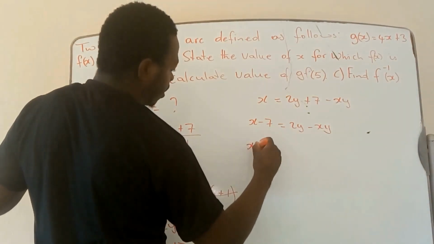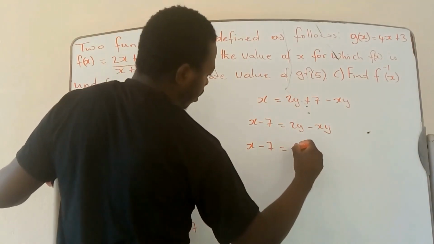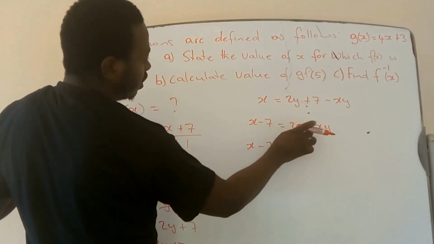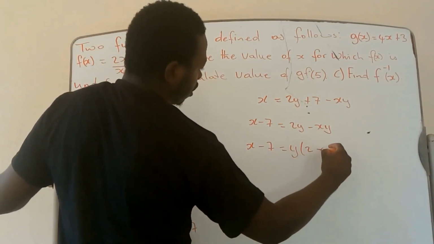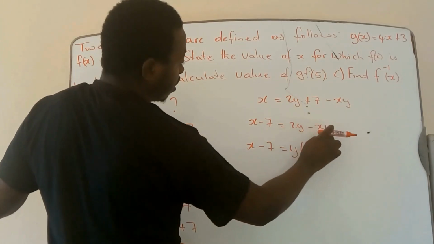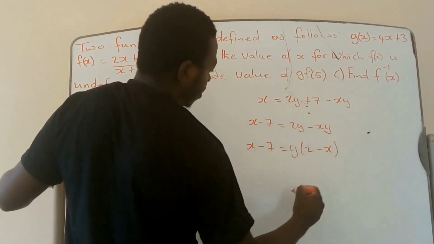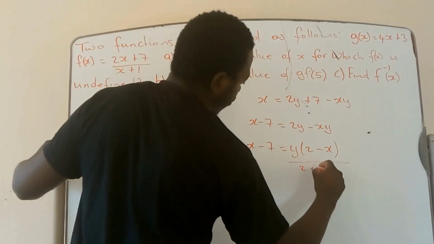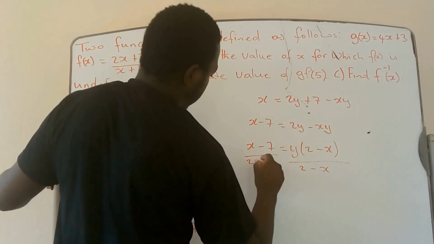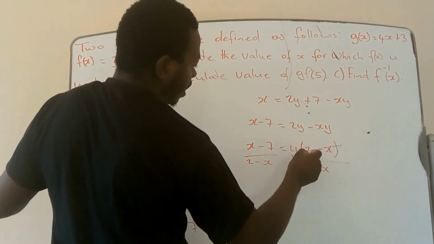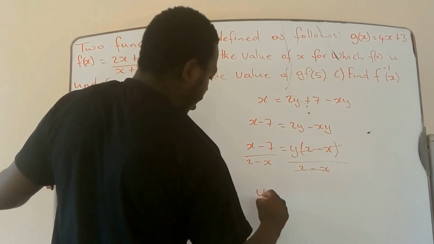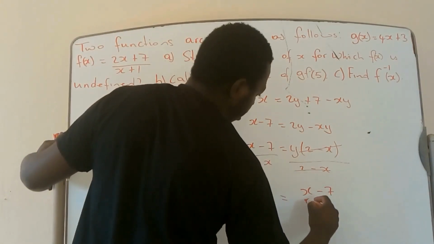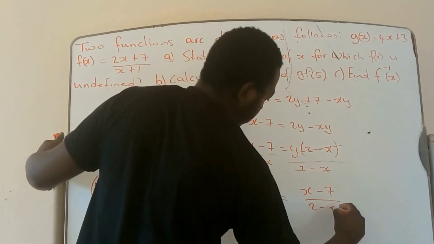Keep this side, x minus 7, equal to y times 2 minus x. Factoring y out of the first term leaves 2, and factoring y out of the second term, xy, leaves x. Now we want y by itself, so divide both sides by 2 minus x. 2 minus x cancels 2 minus x, so we are left with y is equal to x minus 7 all over 2 minus x.